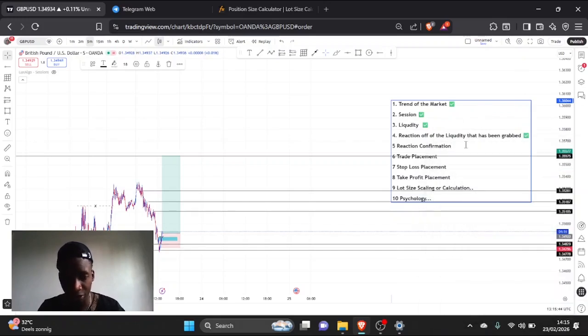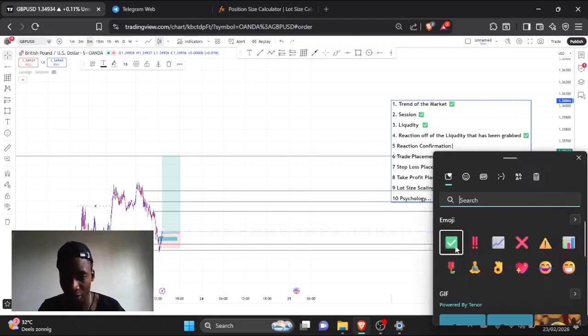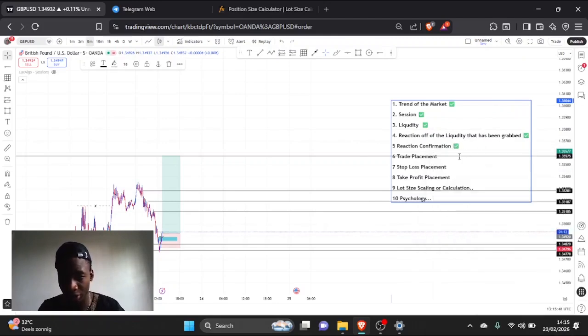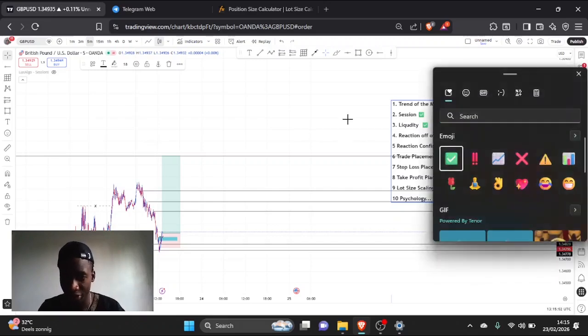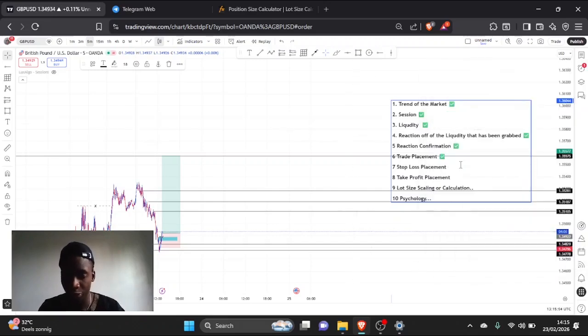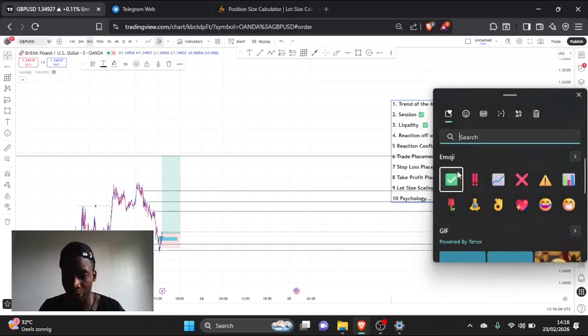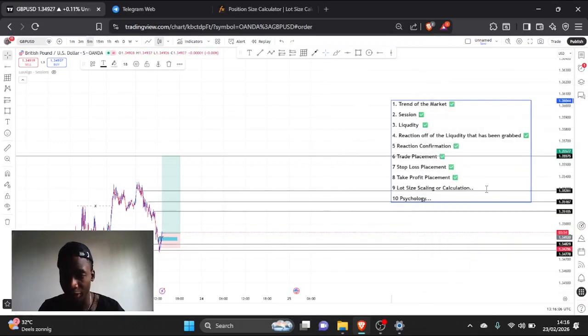We've confirmed the reaction. Also been checked. We've placed the trade. Also been checked. Stop loss placement, we've done that. Also been checked. Take profit placement, we've mapped out our take profit. Also been checked, and we've calculated our lot size.